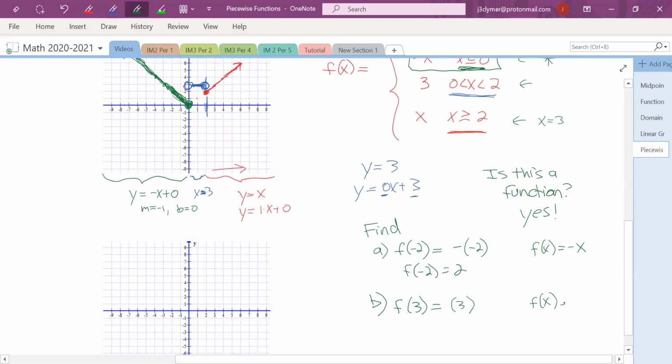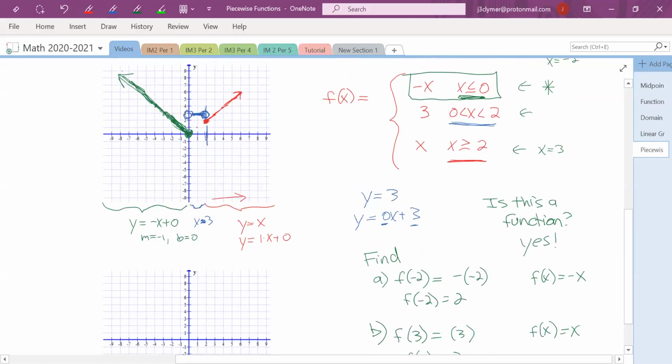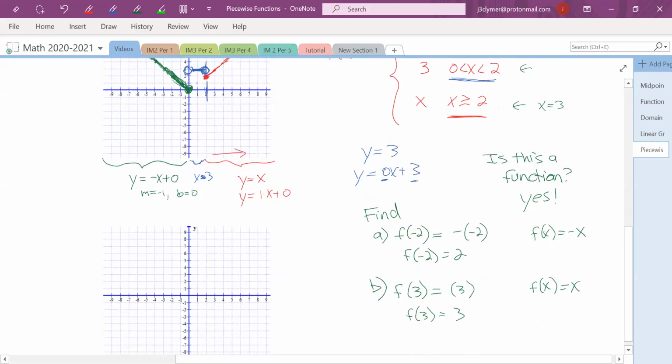So we just plug in for the input 3. And basically, it just is 3. f of 3 is equal to 3. Okay, and that kind of makes sense because you come over here to the graph, and you look at 3 and you say, I go up, where does the y value appear to hit? And it's 3.